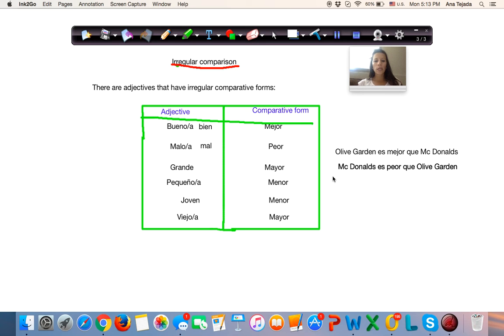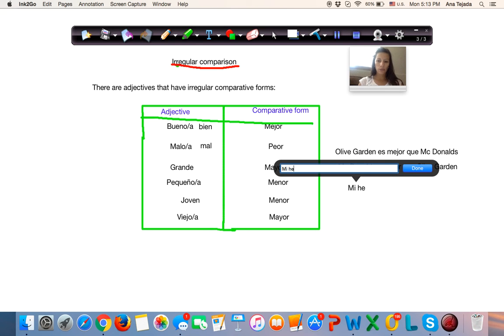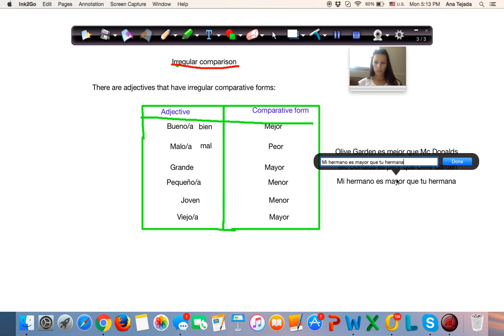When we're talking about age, we're always going to use the word mayor for someone that is older. And when we're talking about someone that is younger, we're going to use menor. Por ejemplo, mi hermano es mayor que tu hermana. My brother is older than your sister.